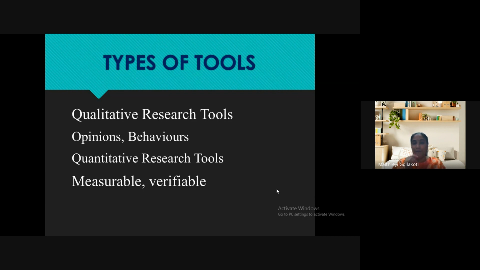So everything that can be measured or proven is called quantitative research tool. So both these tools are required for research. They are like the foundation stones of research. Both quality and quantity are like two pillars on which the whole research stands. Okay? So next slide, please.